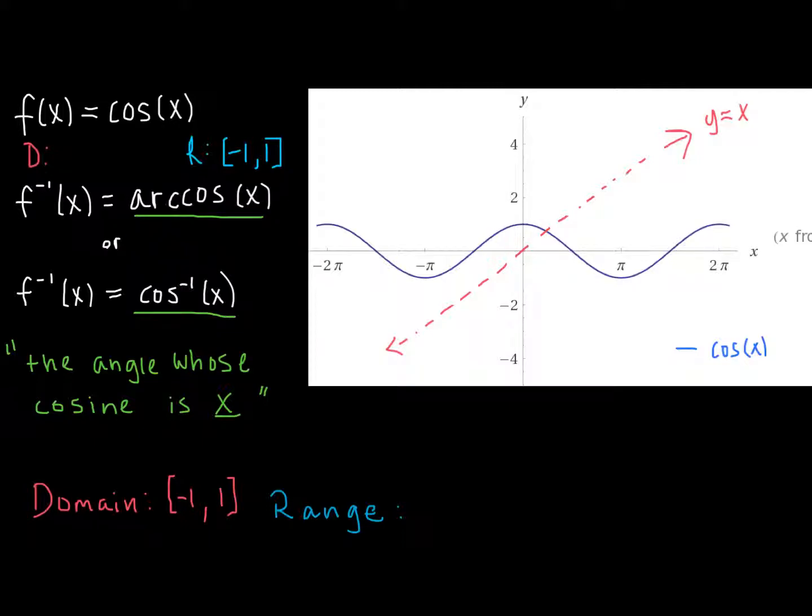So now let's think about what this reflection is going to look like. Let's start at 0, and think about the point that we have when x is 0. This point here on cosine of x will reflect over the line, so I'll have a point here, and then these points will reflect, and eventually we'll get to this point right in the center, which is not going to go anywhere because it's on the line y equals x.